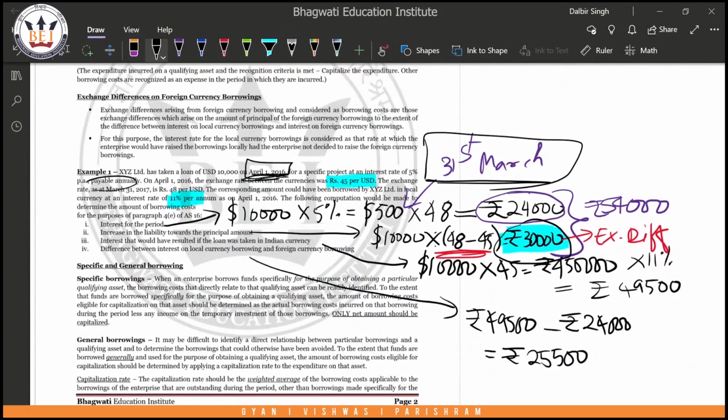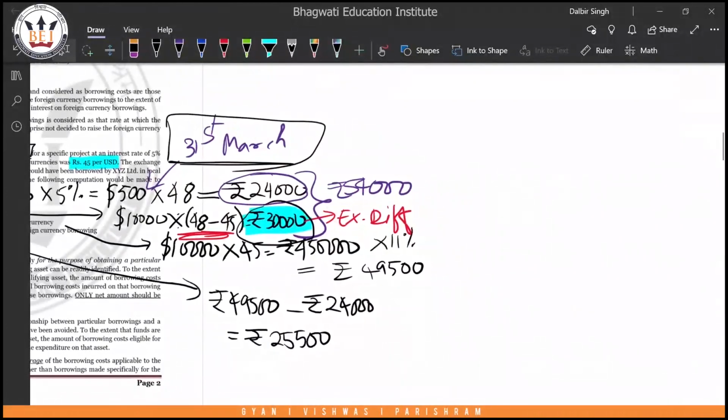Now what does this point mean? It means that out of this total, the exchange difference is bifurcated into two: how much pertains to AS 16 and how much pertains to AS 11. This is where these two standards come together.